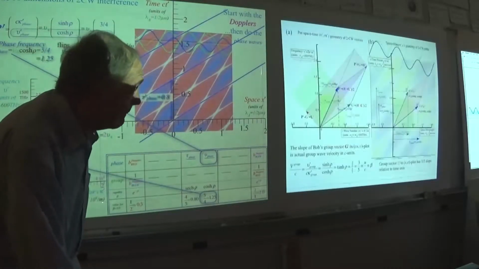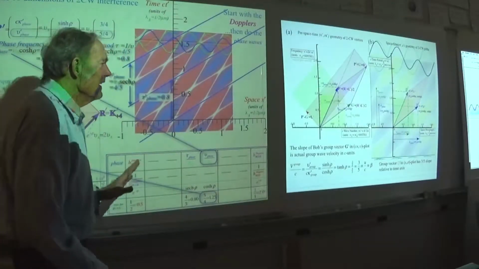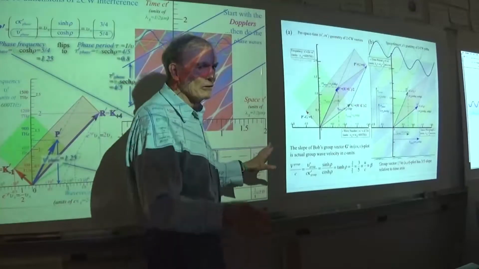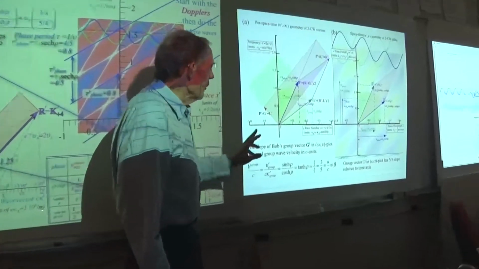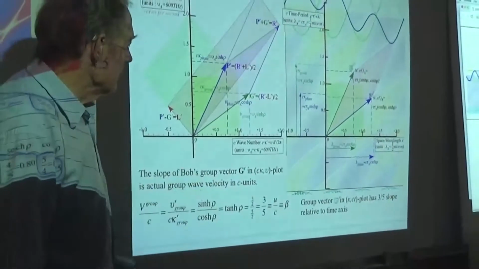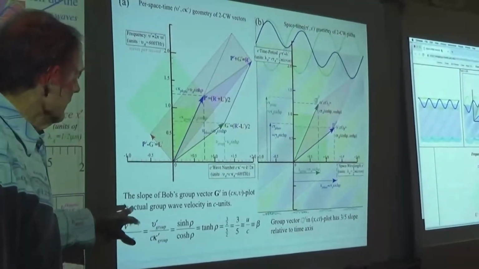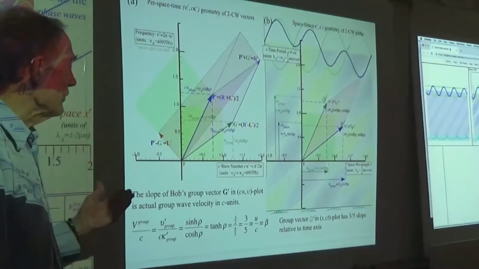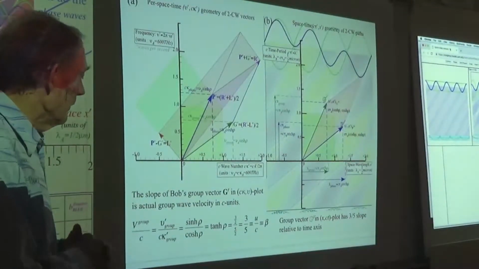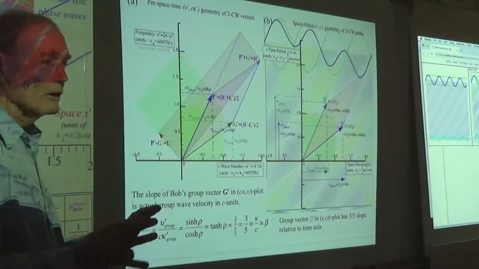Now, let's stop here a minute, because I did have an answer to your question actually written down here. The slope of Bob's group vector is the actual group wave velocity. It means that's the actual classical velocity that we've been working with for this whole course.